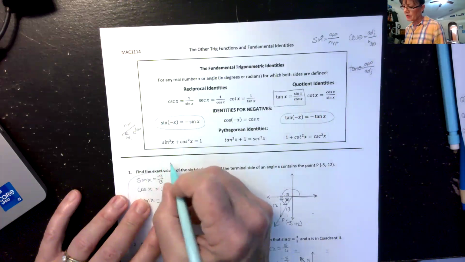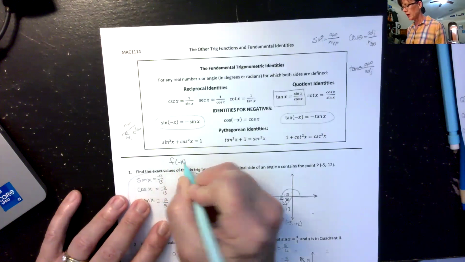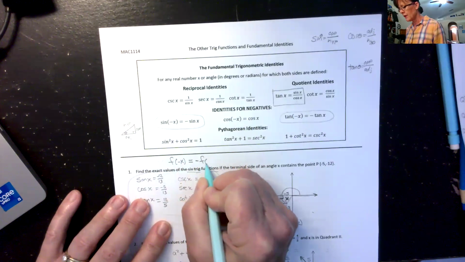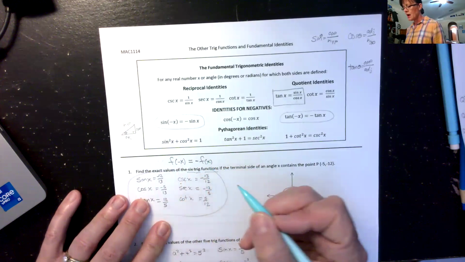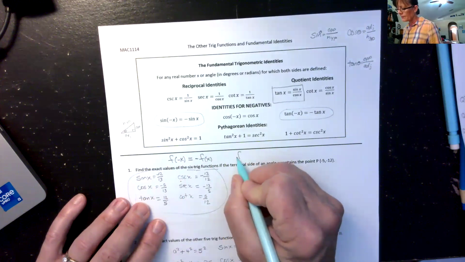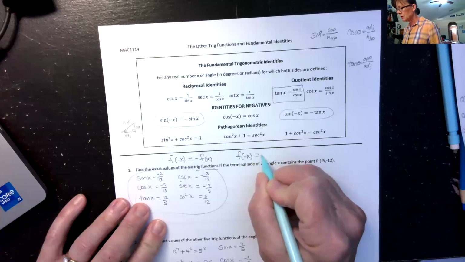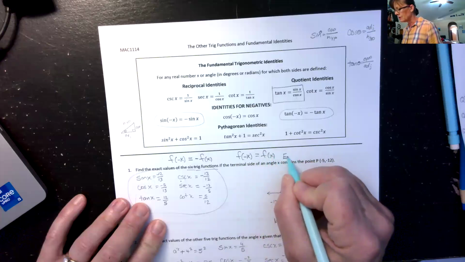In algebra, if you take the negative of the input x and it produces negative f of x, we say that this is an odd function. If you take the negative of the input and it produces the original output, we say this is an even function.